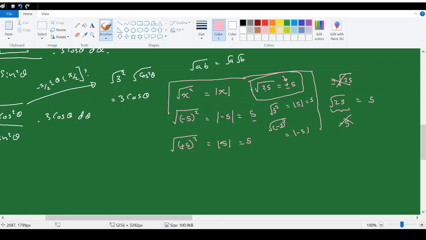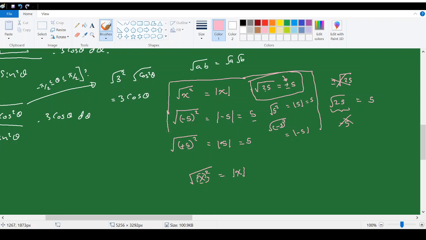This is wrong. So basically, if you have a square and you are taking the square root, the answer will be the modulus of the original number.